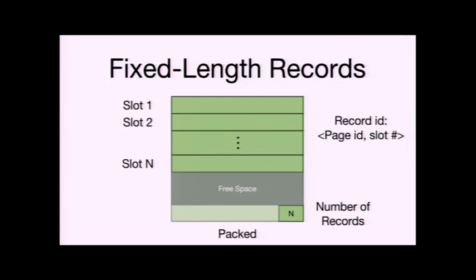At the very end, you see N right there, which is the number of records. Now when you want to insert a record in that page, by knowing the number of records you currently have in your page and also the size of your records, you'll be able to find the offset at which you're supposed to put your next record in the slot.